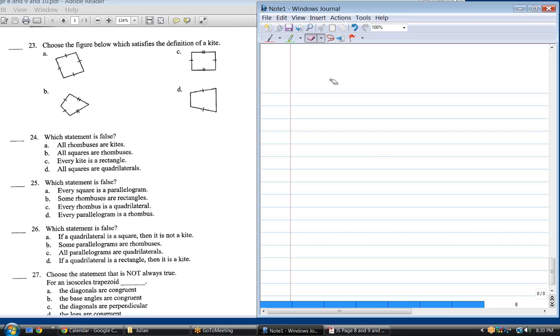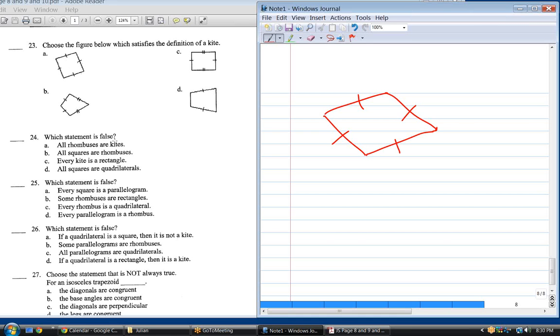No, that's a parallelogram. A rhombus is four same sides. That is a rhombus. This is a rhombus, A. A looks like a square, but we don't know if it is. They don't put any right angles on A. So the best thing I can tell about A is that it's a rhombus.